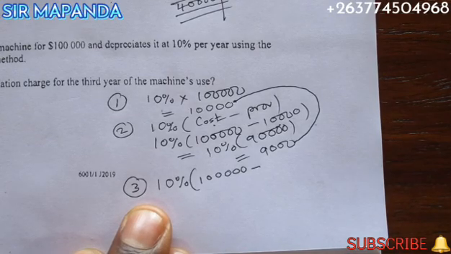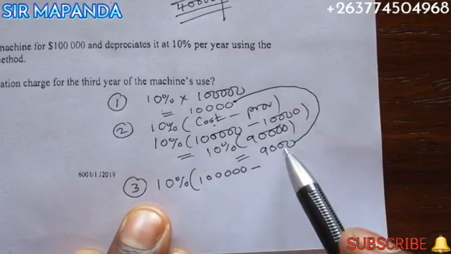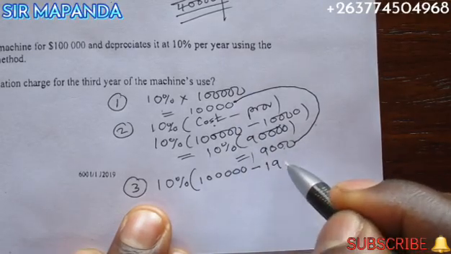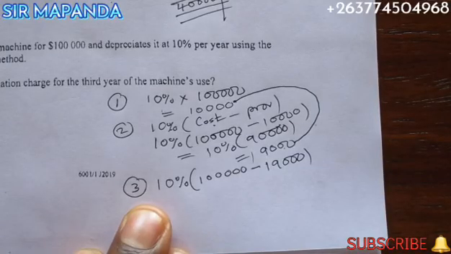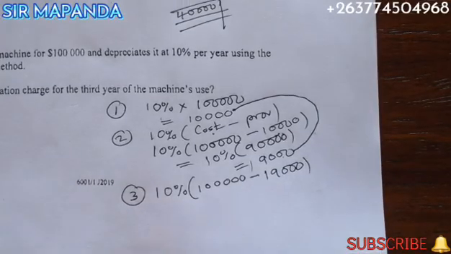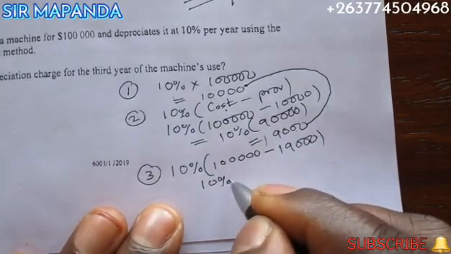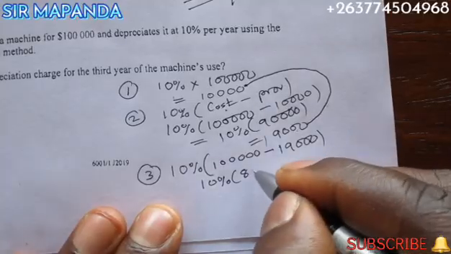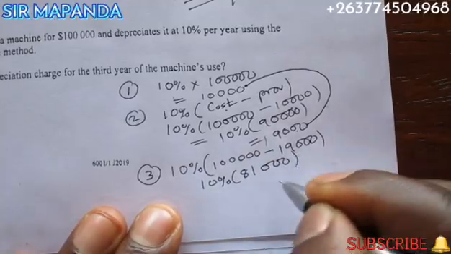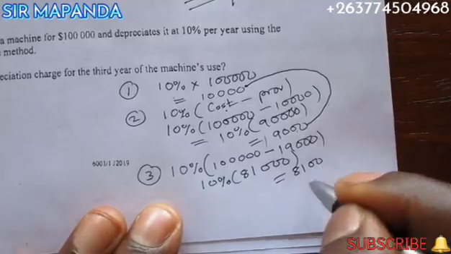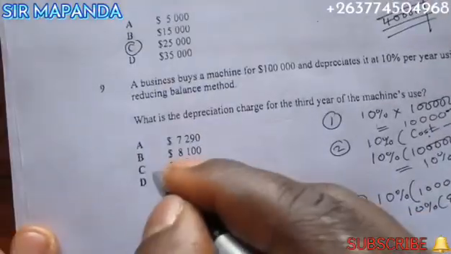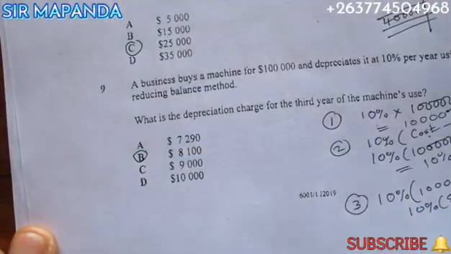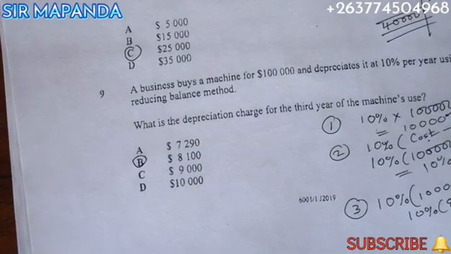So for accumulated depreciation, you add 10 plus 9, it gives you a total of 19,000. So 100,000 minus 19, you get 81,000. 10% of 81,000, you get 8,100. So my answer is B, 8.1, which is the depreciation in the third year.